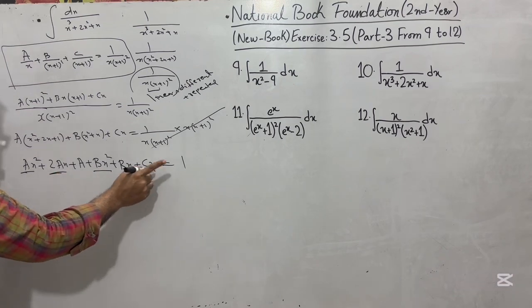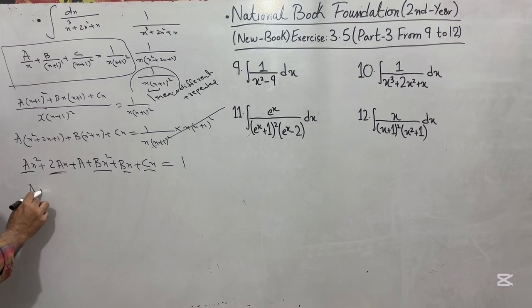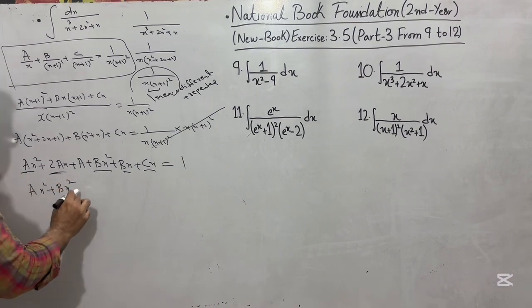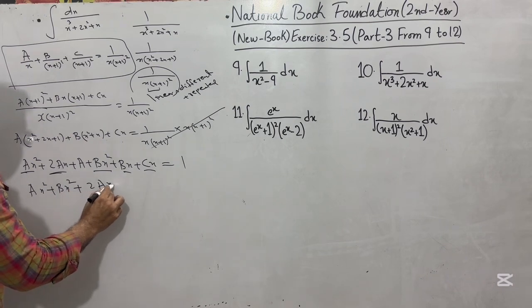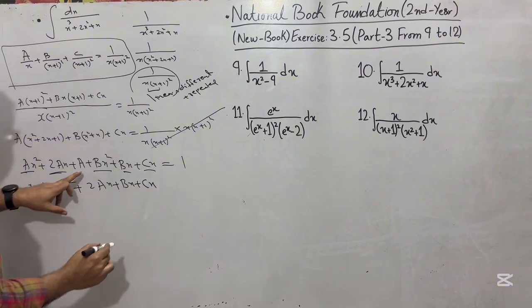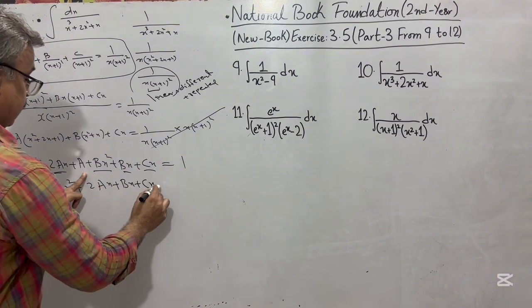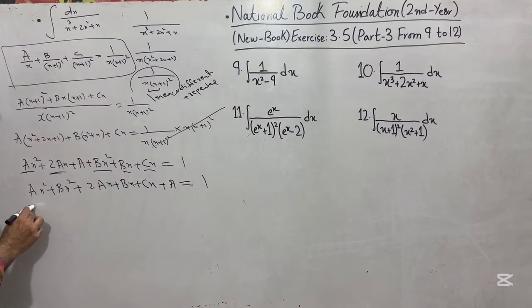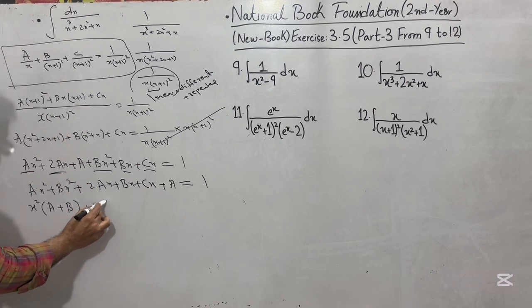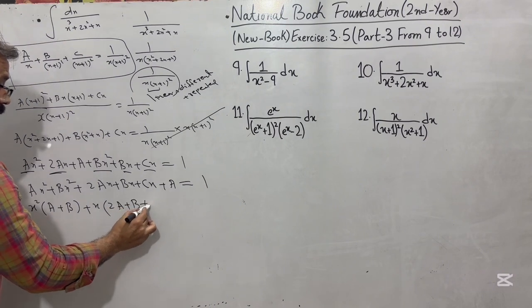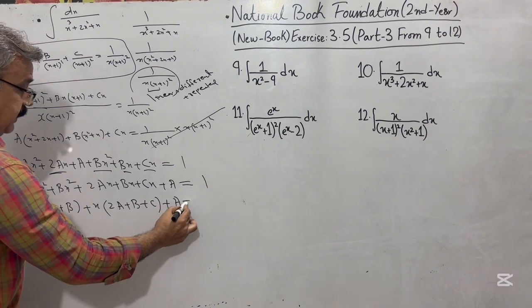So I have Ax square plus Bx square plus 2Ax plus Bx plus Cx. A constant, only one constant, A is equal to 1. Taking x square common, we are left with A plus B. Taking x common from here, it will become 2A plus B plus C, plus A is equal to 1.